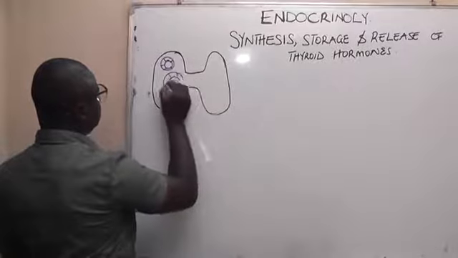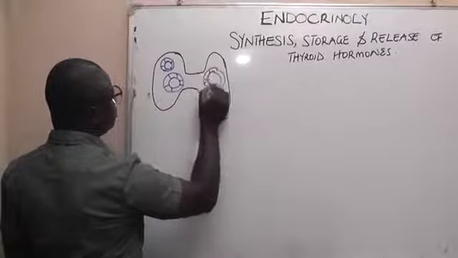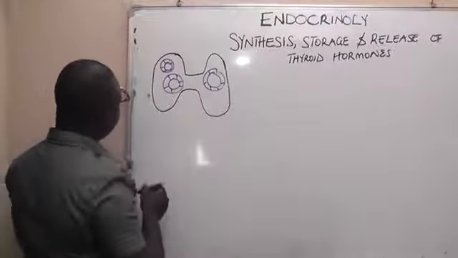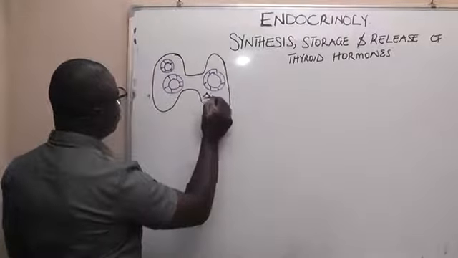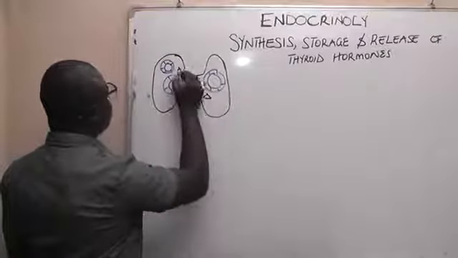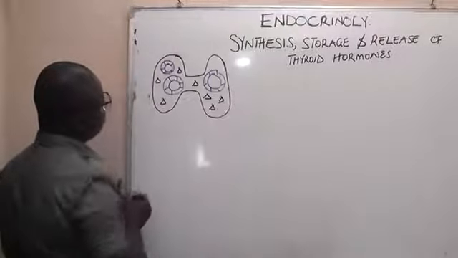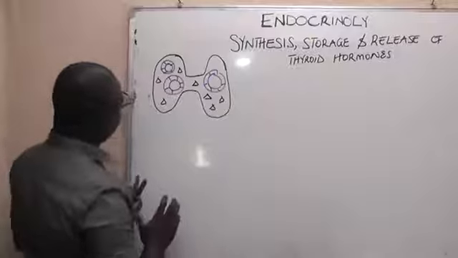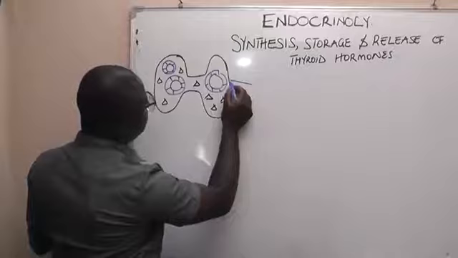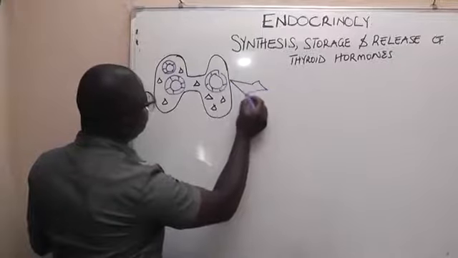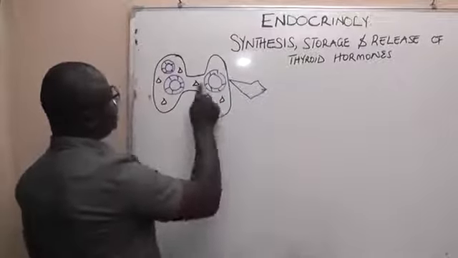Now, around this cell, we also have some other cells known as parafollicular cells. So what we'll do now is that we'll zoom into these cells and see how they look.